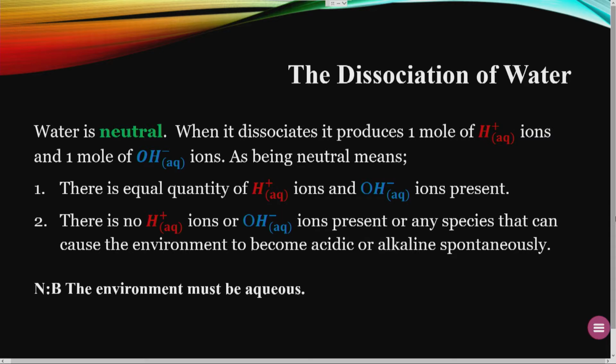There are no extra H plus ions or OH minus ions, or any species that can cause the environment to become acidic or alkaline spontaneously. Note, the environment must be aqueous.